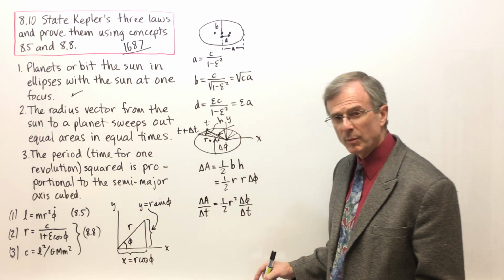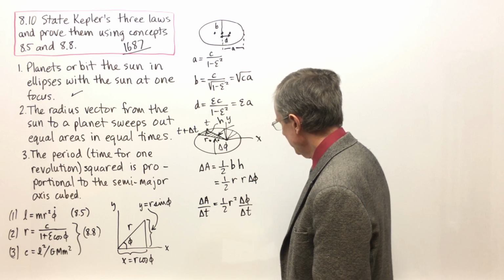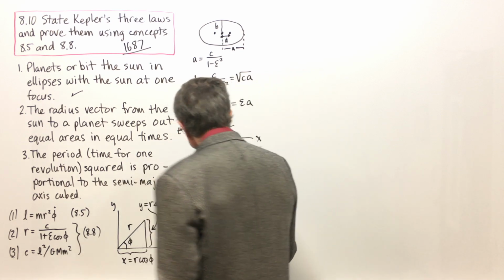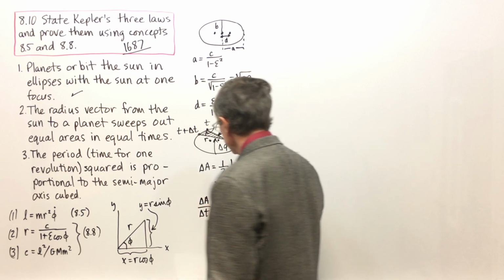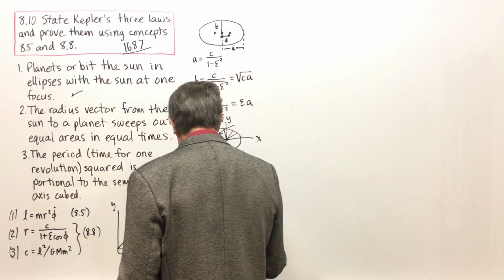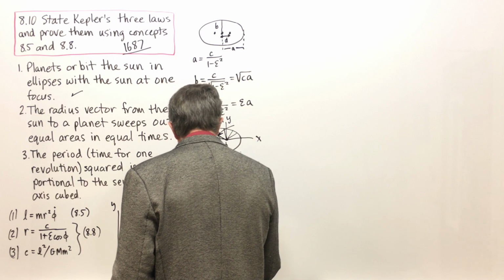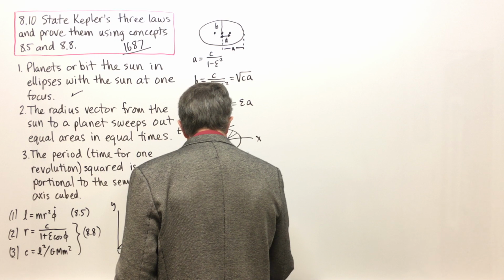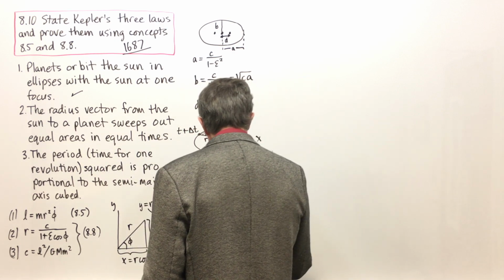So I'm dividing both sides by the change in time. In the limit that delta t goes to 0, this finite difference can be replaced with a derivative, and d phi by dt is just phi dot.